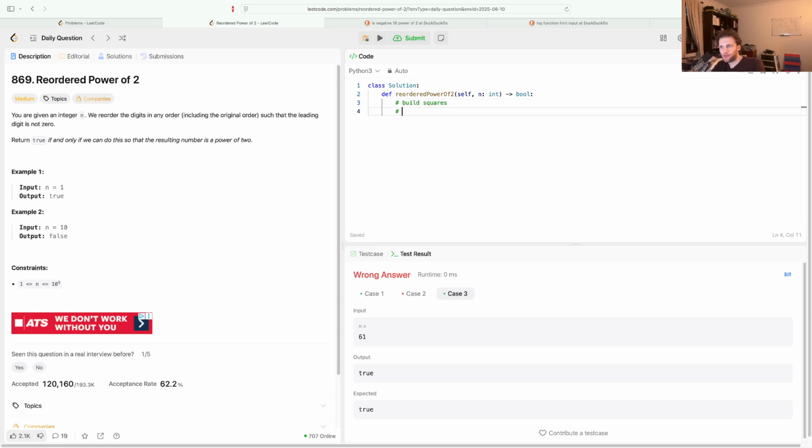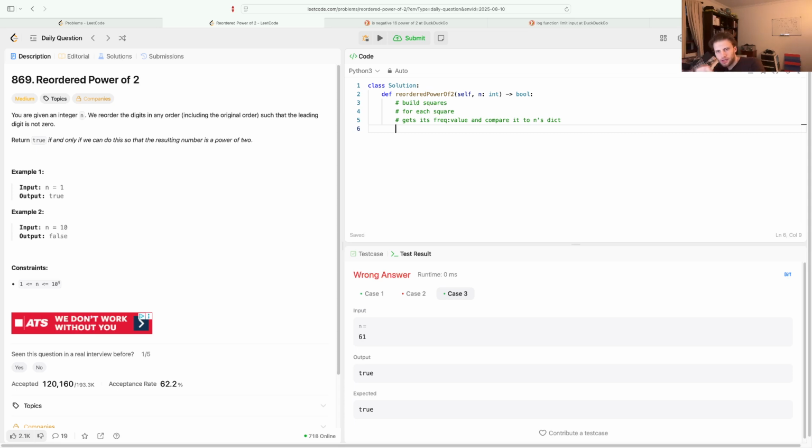And then for each square, get its frequency, get its frequency value in some dictionary, and compare it to n's dictionary, essentially. And then if it's a match, it's true. So I think that's the way we're doing it.